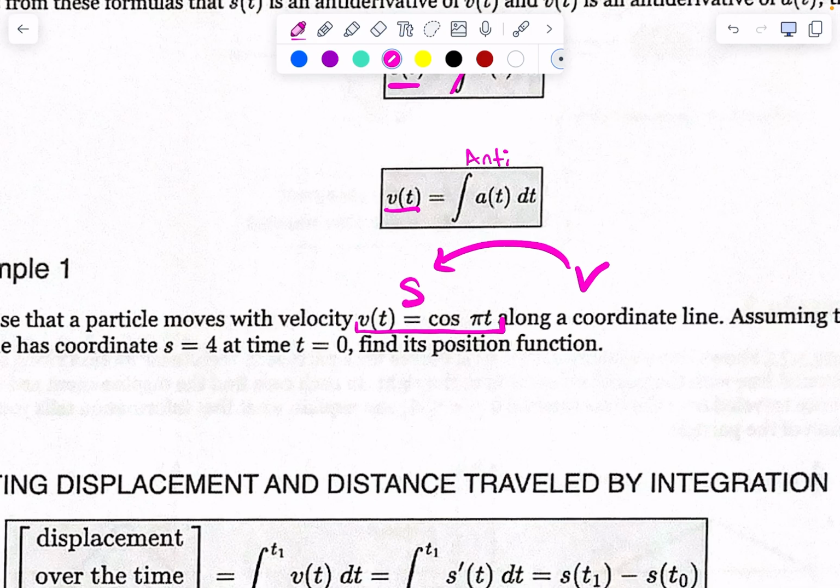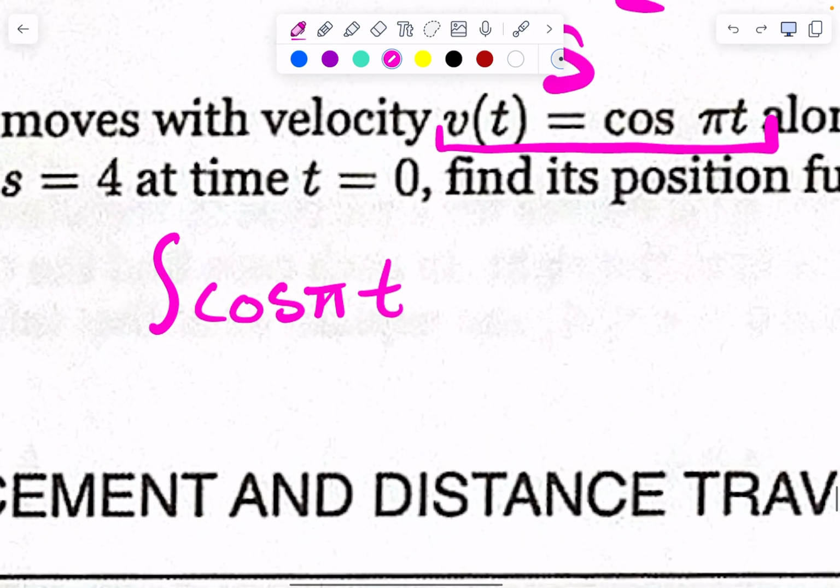To do that, I am just doing the antiderivative of cosine of pi t. Now, don't think that 0 and 4 are your limits of integration. They are not. That is just going to help us find c when we go backwards. You are doing strictly an indefinite integral. You will not have numbers on the integral sign.